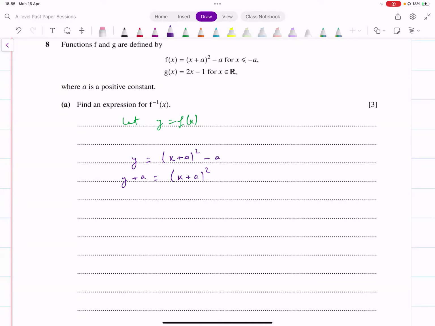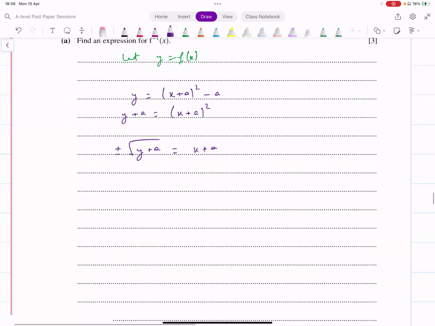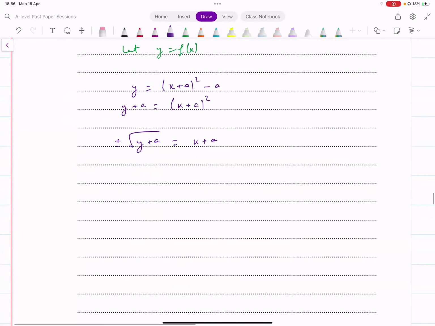And now you take square root on both sides. But remember, whenever we take square root, we have to put plus minus, right? So it becomes plus minus square root of y plus a, and that becomes x plus a on the other side. Now take a to the other side. So it becomes x equals a plus minus square root of y plus a.